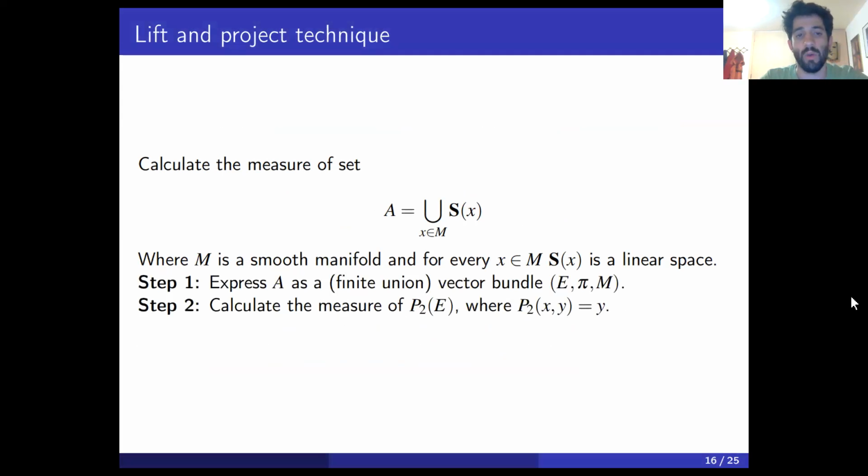Then a way to do it is to express this as a vector bundle or a finite union of vector bundles, then take the total space, project it onto the second component, and compute the measure of the projection of the total space onto the second component. I think almost all the previous results we saw use this lift and project method.